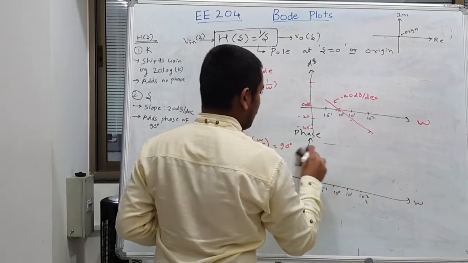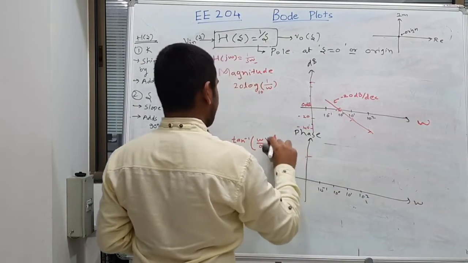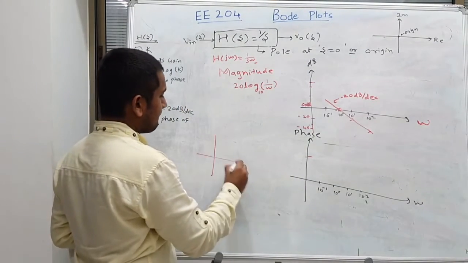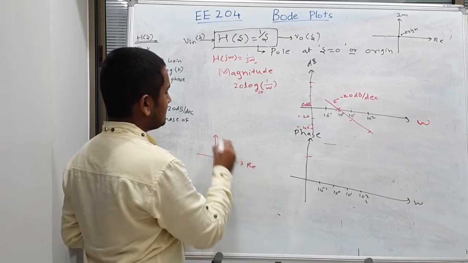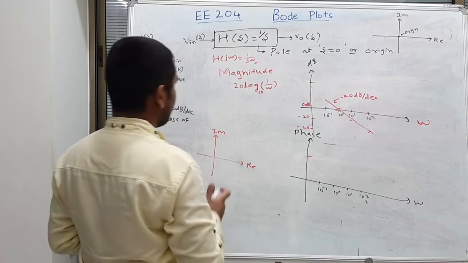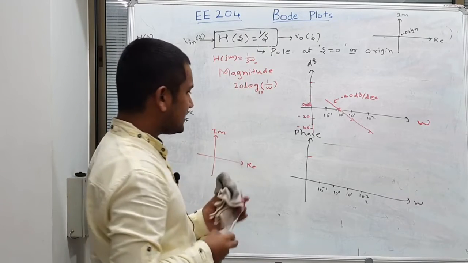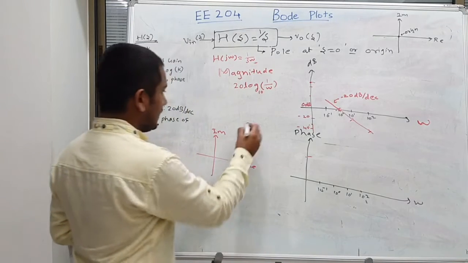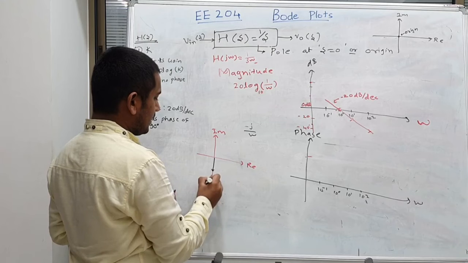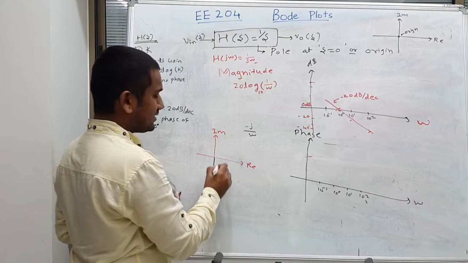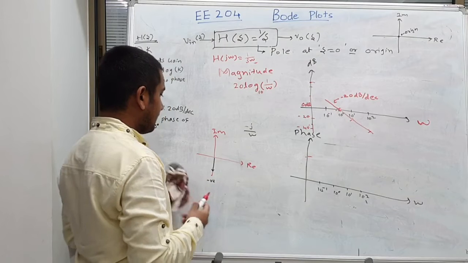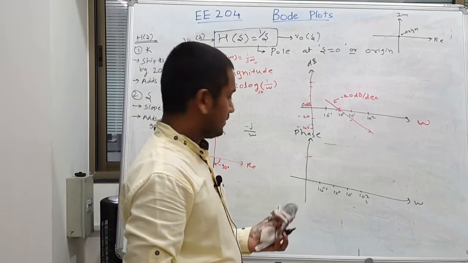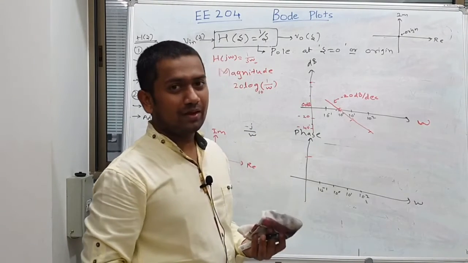Now let's look at what happens to phase. We'll draw a complex plane with real axis and imaginary axis, and we'll see where this 1 by j omega fits. 1 by j omega can be rewritten as minus j by omega. It means that this is lying on the negative imaginary axis, which is making minus 90 degree angle with the real axis, irrespective of the magnitude of omega.